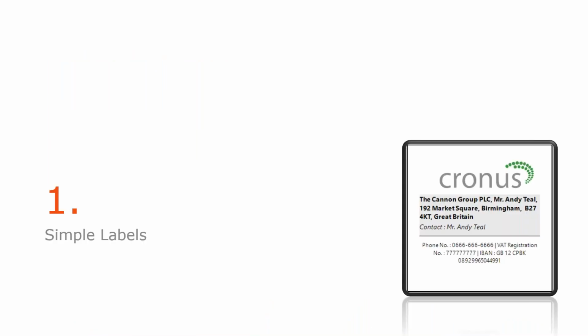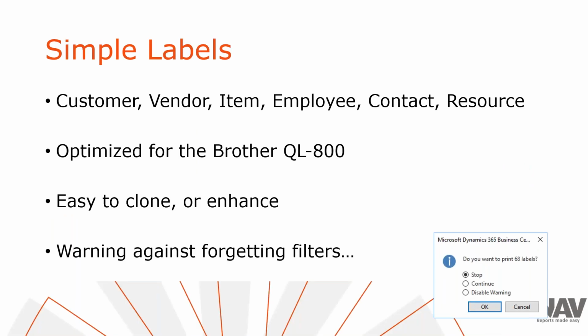So the first one is a simple label, and it's connected to all of the master data in Business Central. And we decided to optimize those labels for the Brother QL800 label printer. This is a really popular label printer. It's a thermal printer. You can buy it for $100. And we think that this label printer can be a really easy to buy printer for people that want to use labels to stick them to envelopes, for example.